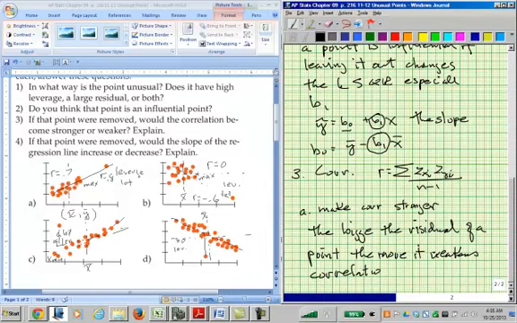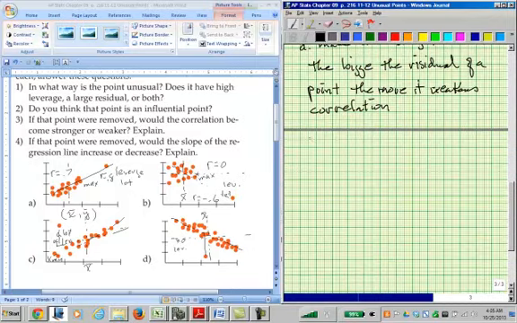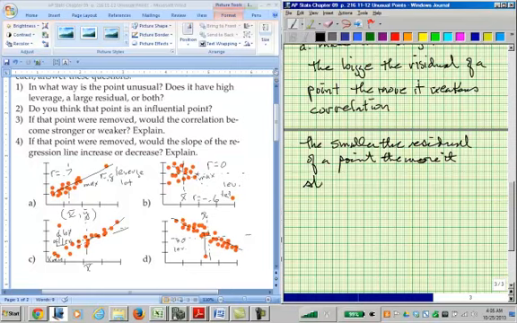The smaller the residual of a point, the more it strengthens correlation.